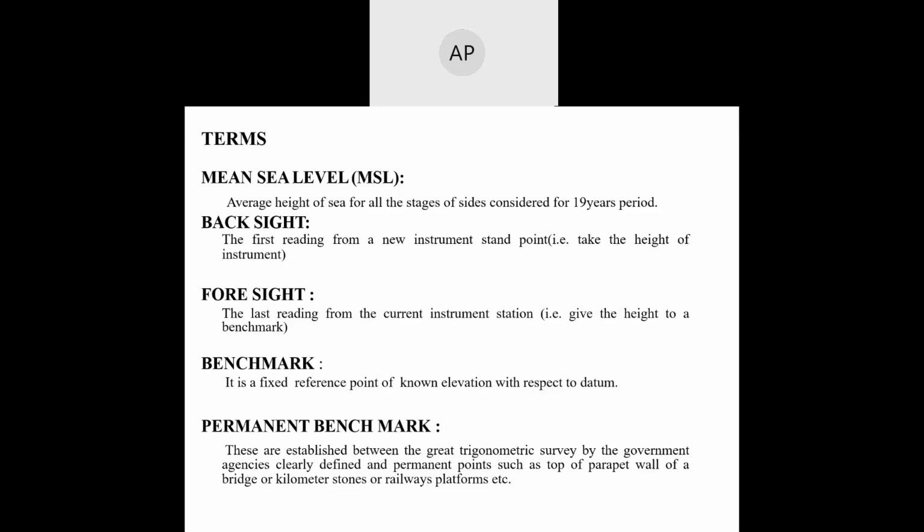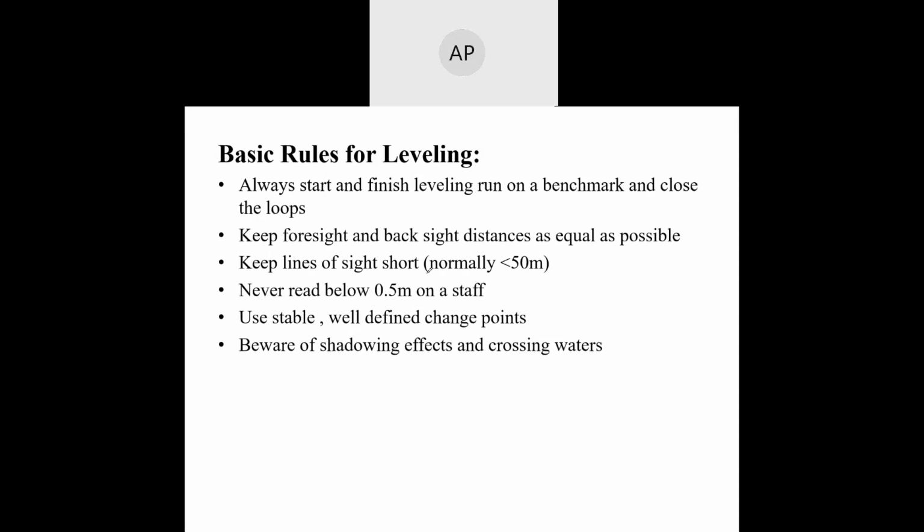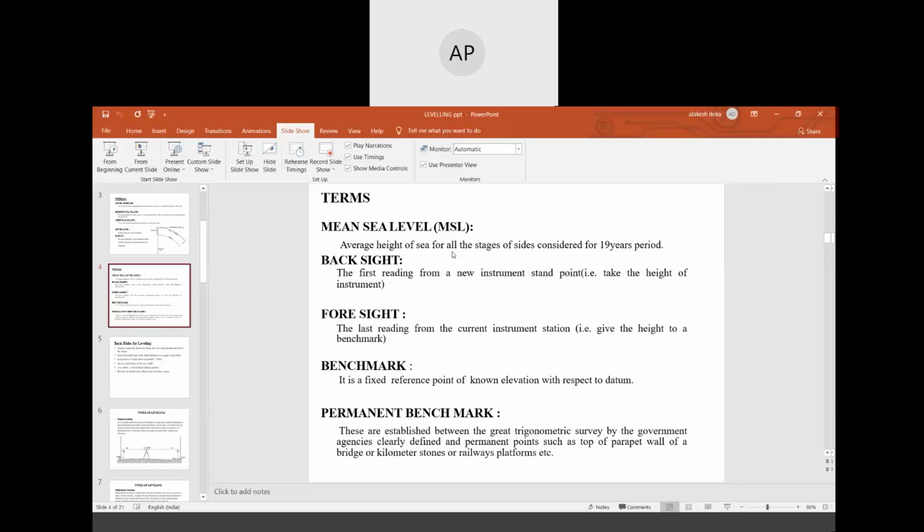Okay. And what are backsight and foresight? Already we have discussed. The first reading from a new instrument station, that is taken on the height of the instrument, that is your backsight.